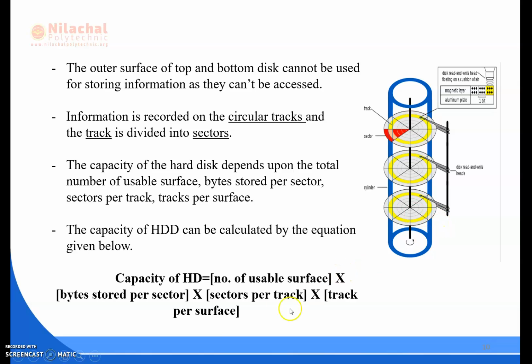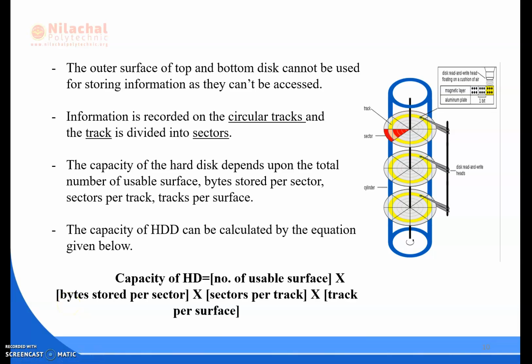So except that, how many usable surfaces are there, multiplied by how many tracks per surface are there, how many circular tracks are there per surface. After that, multiplied by how many sectors per track are there, and finally, how many bytes can be stored per sector.